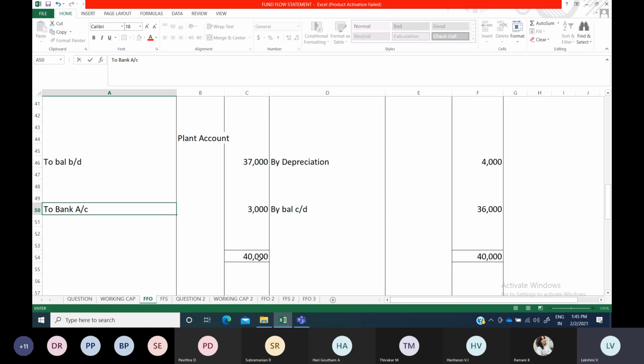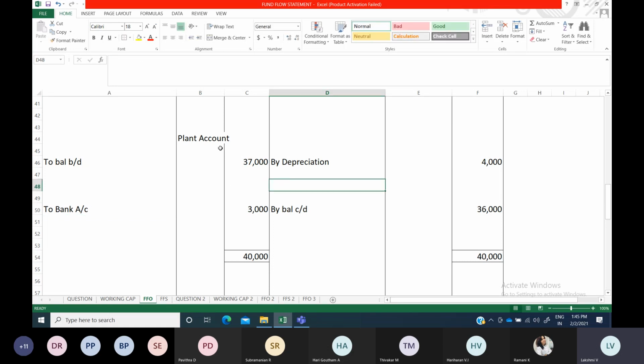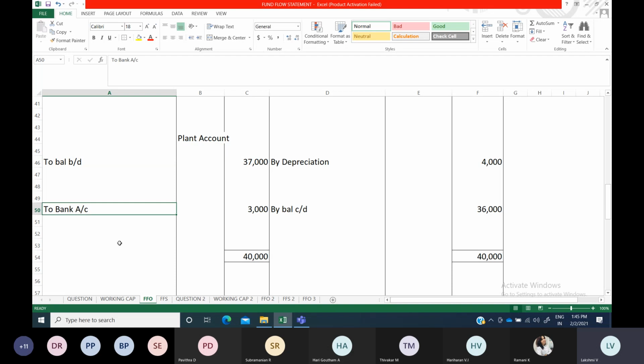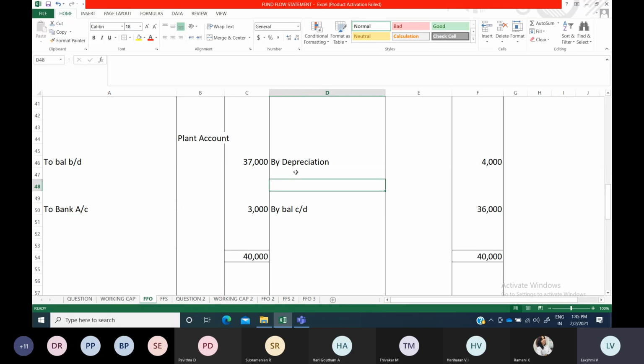Why bank account? If you are preparing a plant or fixed asset account and you have some extra amount as the balancing figure on this side, then they have purchased. But whenever you get it on the other side, it means you have sold out.